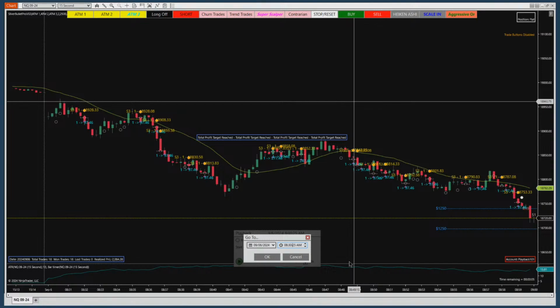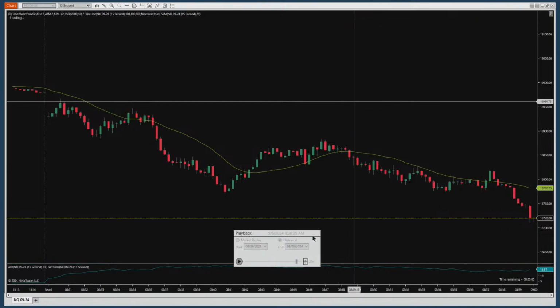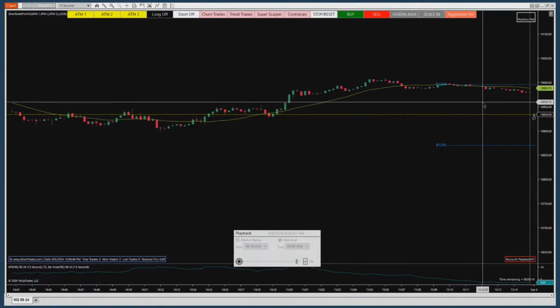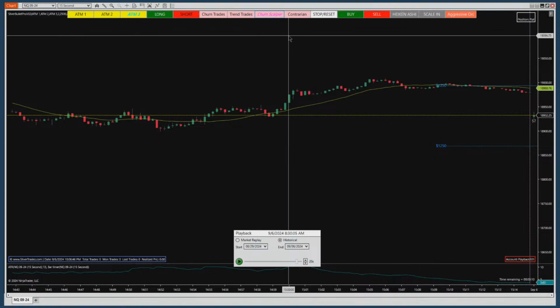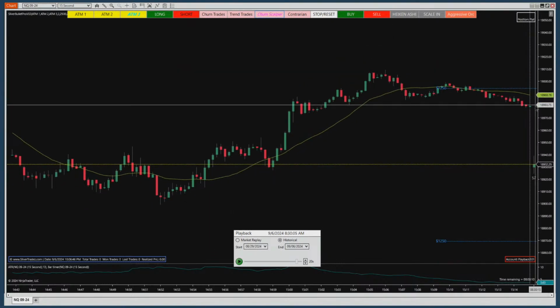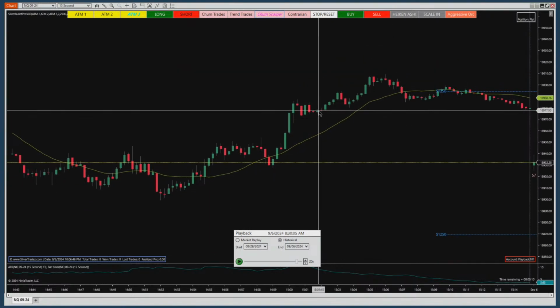So here I am reloading, and this time I'm going to go aggressive. I am going to take both long and short, and for that I have a strategy called churn scalper. And again, I'm letting the software run automatically.